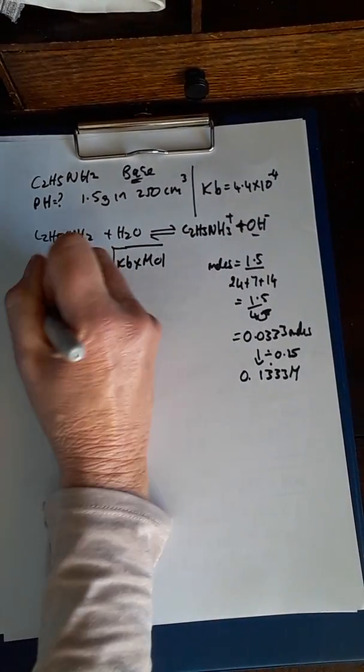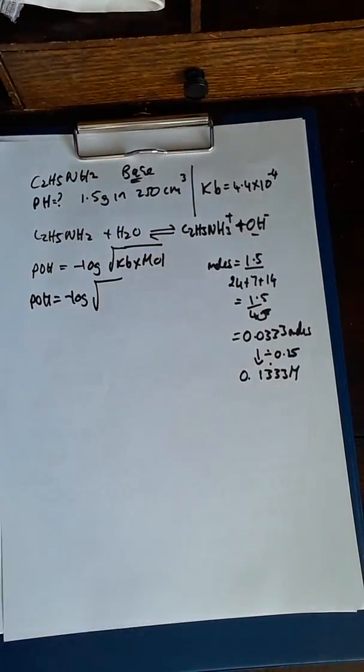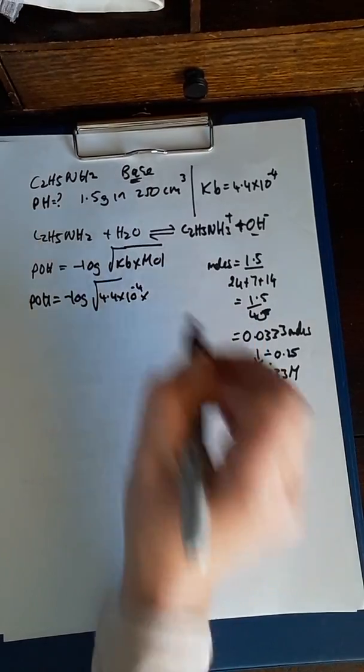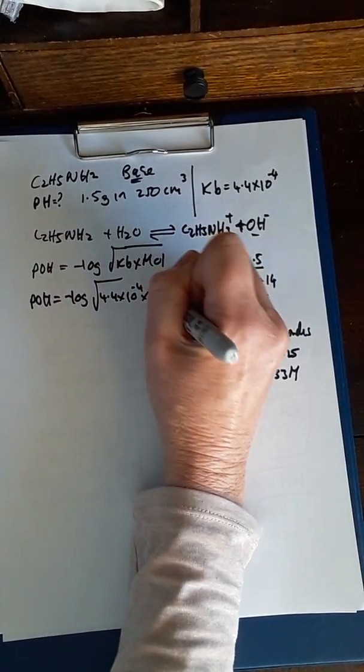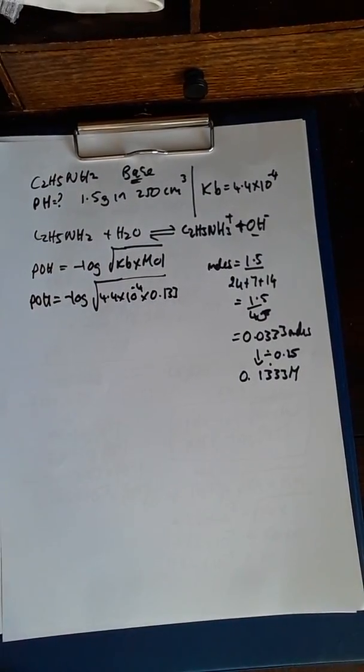I have the Kb, so let's get the pOH. The pOH is minus the log of the square root of 4.4 by 10 to the minus 4, multiplied by this molarity here, 0.133. So I'll hit that into the calculator.